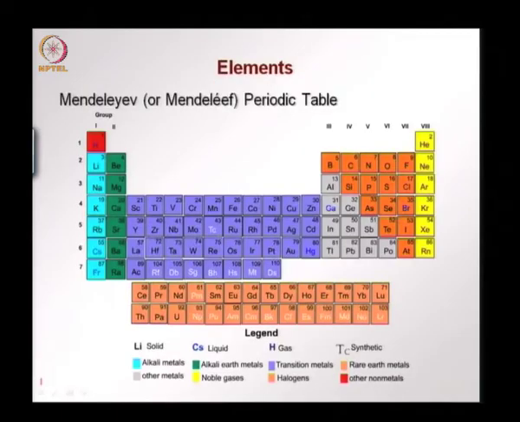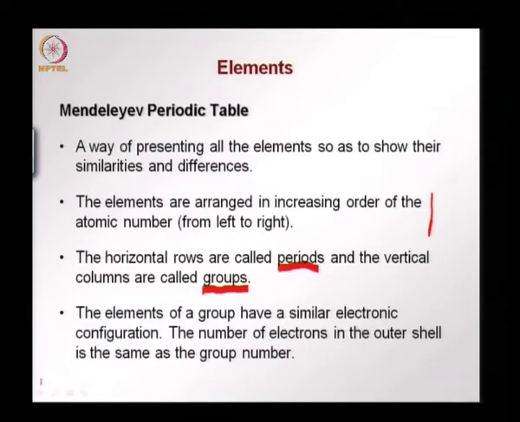So, we will start off with the Mendeleev periodic table, which you have all seen before, and here we see a listing of elements in the order of their atomic number, and they are put into periods and groups. The periodic table presents all the elements so that we can identify similarities and differences.